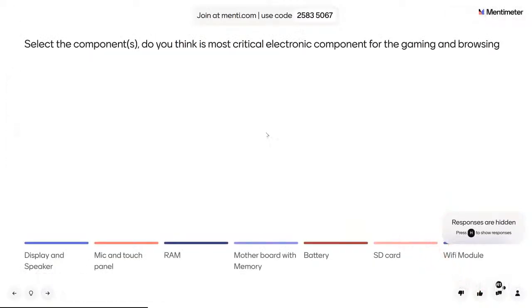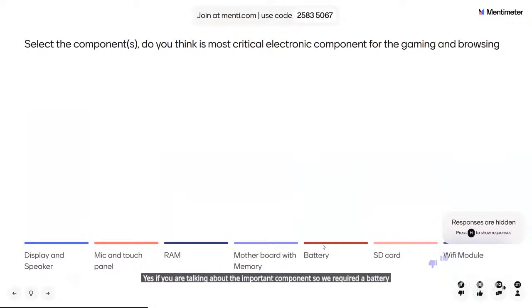Okay, which is the critical component for gaming and browsing? So basically, if we are talking about the important components, we require a battery for gaming and browsing.